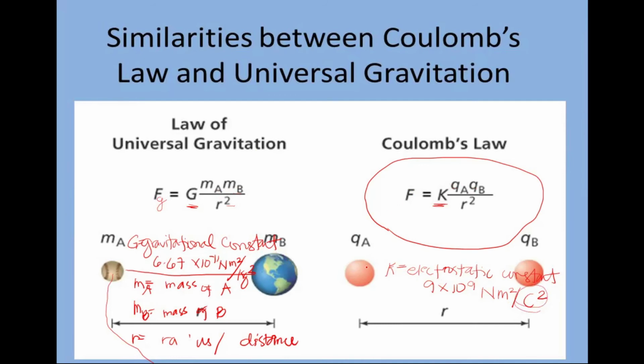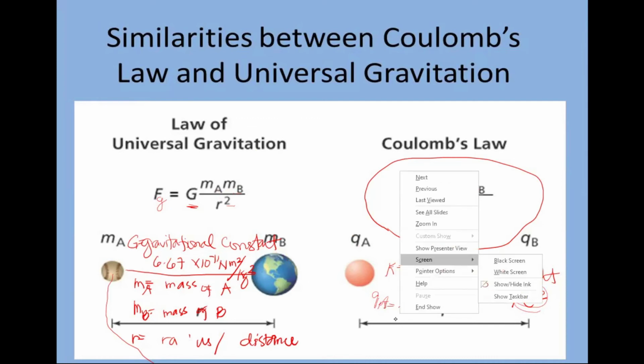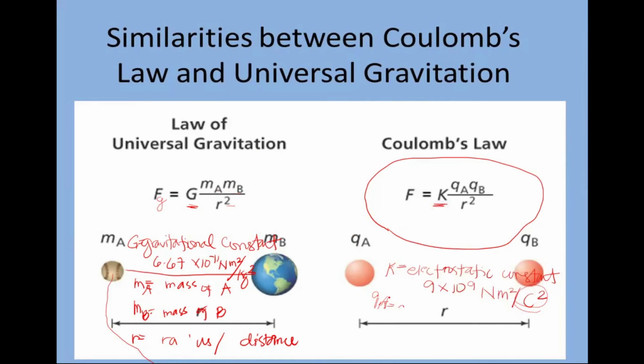So the Q here, QA, is the charge of A or any object A, and QB is the charge of B or any object representing B. In most cases, QA and QB can be referred to as a proton or an electron, not a neutron, since a neutron has no charge.